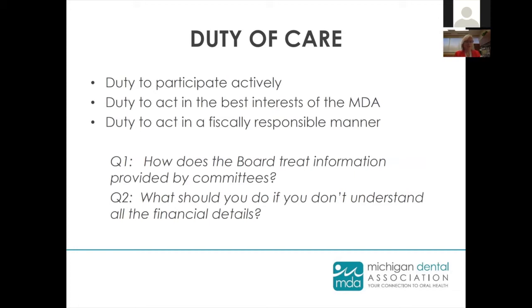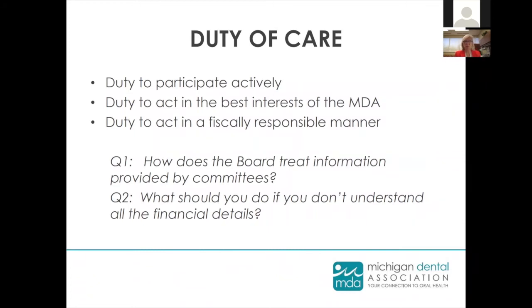If we were meeting in person, this would give us an opportunity to talk a little bit about what the duty of care means. A couple of questions for further thinking. The first question is, how does the board treat information provided by committees? If you're living up to your duty of care, which every committee does, the board treats your reports to them very seriously.